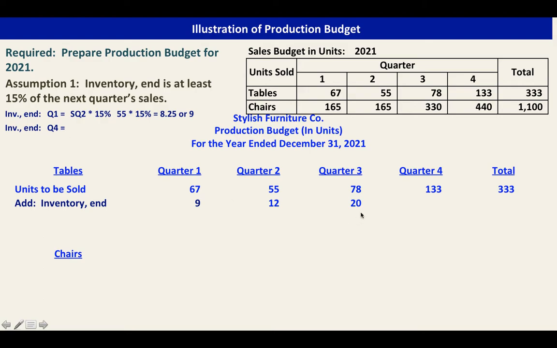So for quarter four, you will base it from 2022. Okay. And how are we going to determine 2022? Since there was no given data, we can compute that based on quarter one, because the first quarter of 2022 is quarter one.